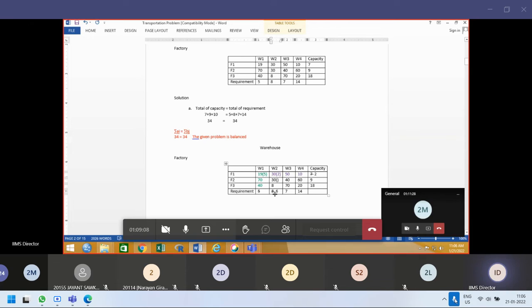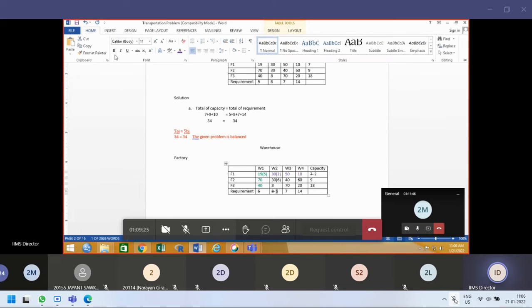How much? Requirement is 6 and capacity is 9. So I can allocate here 6, right? Okay, I will allocate 6. Out of 6, 6 is completely allocated. 6 plus 2, warehouse 2 requirement is fulfilled, right?